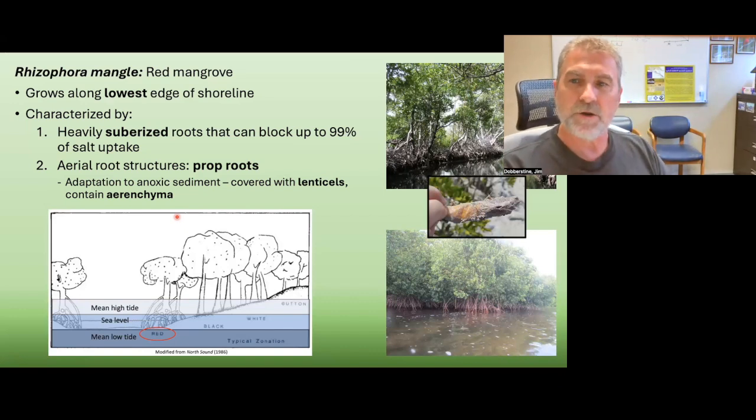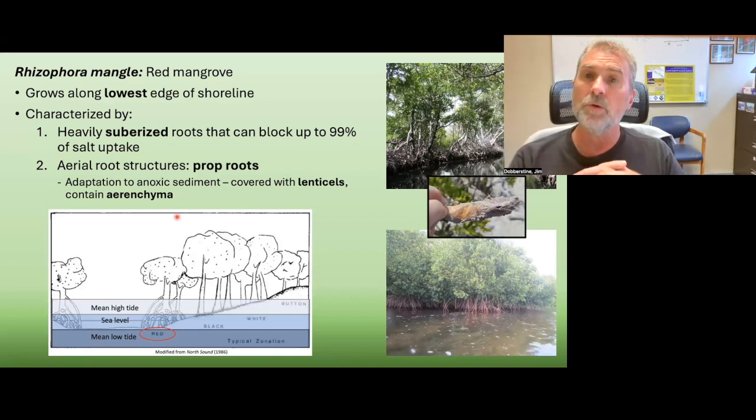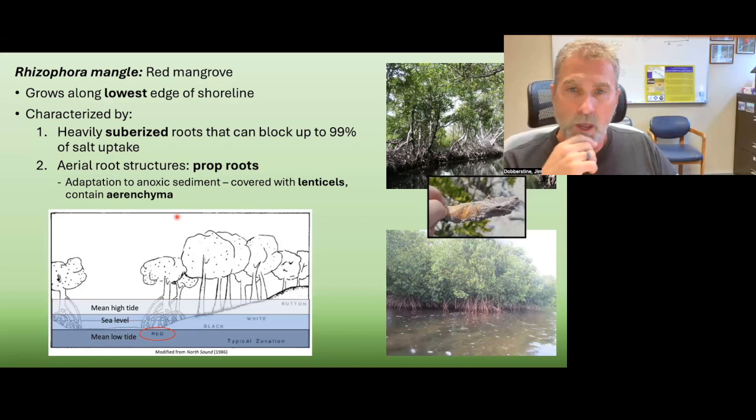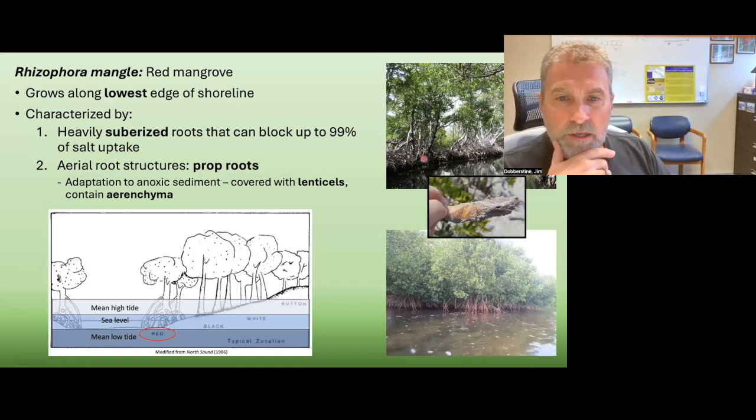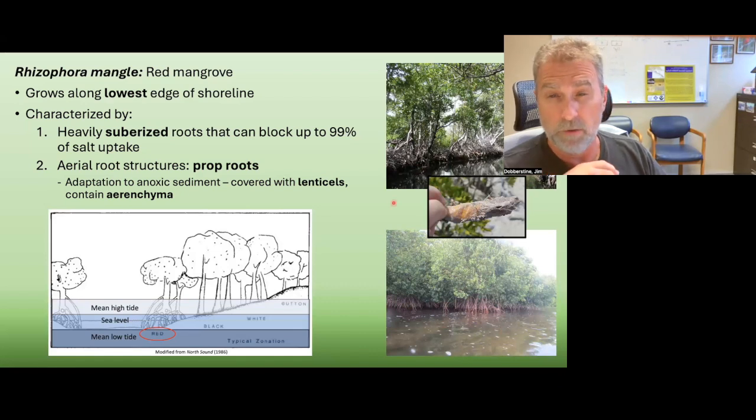And in this case, they're covered with lenticels and they do include parenchyma. So you can see over in these photos some pictures of where these mangroves like to occupy. In these particular areas, these are along what would otherwise be cut shorelines, growing out over what looks like a stream in this particular area.